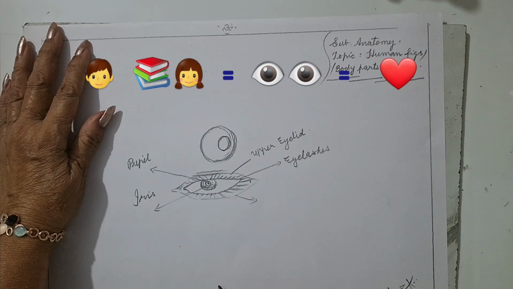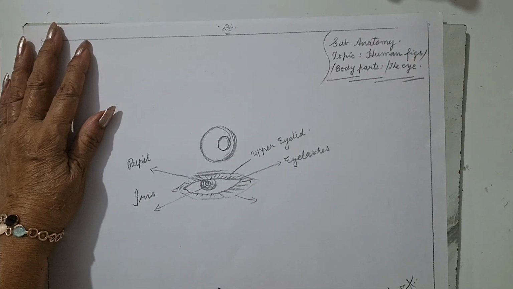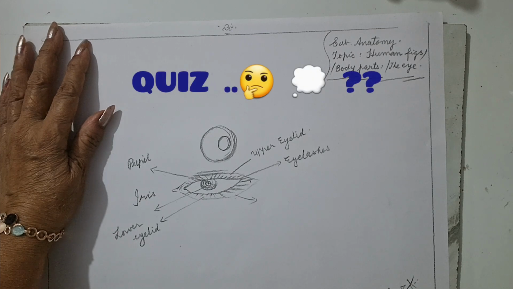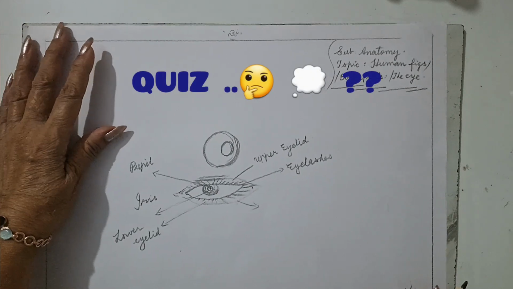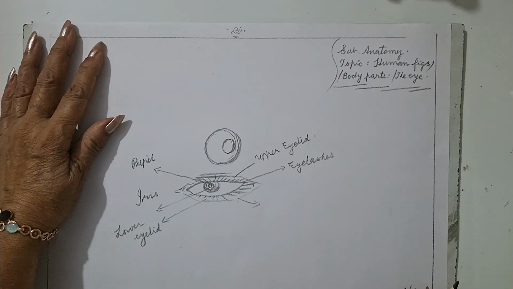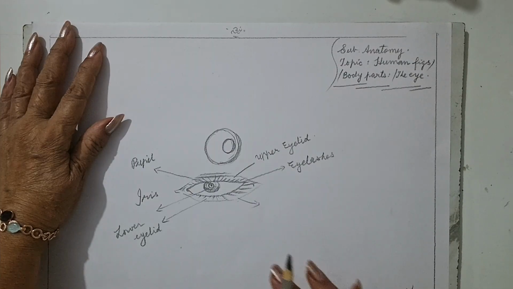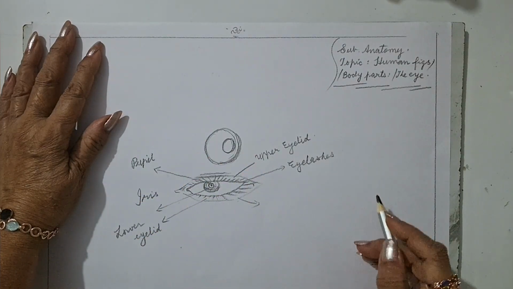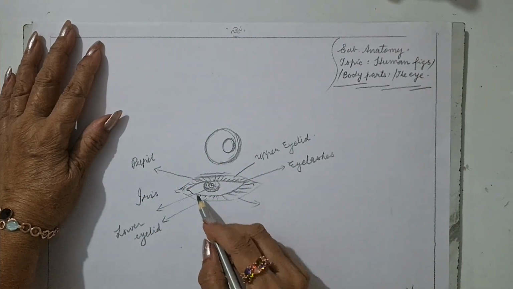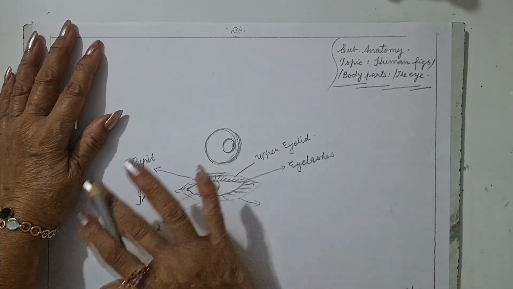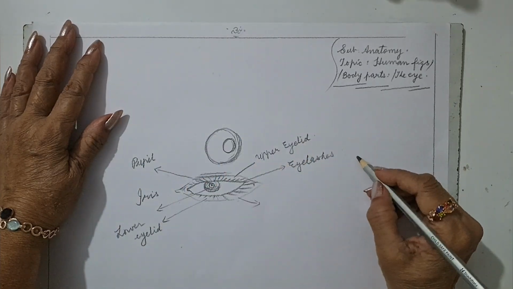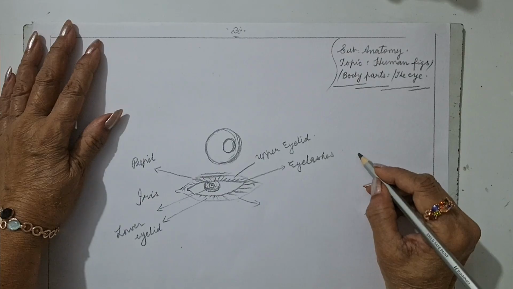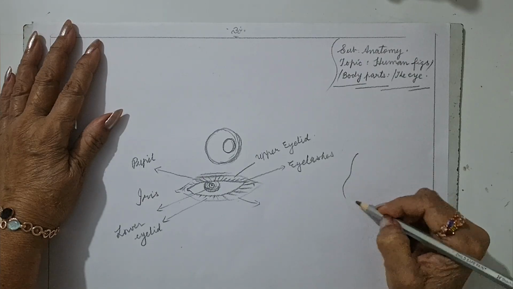A film that protects the iris. In fact, it gives a glossy, shiny appearance to the iris, to the entire eye. In fact, remember your science teacher, she had taught you something like this.